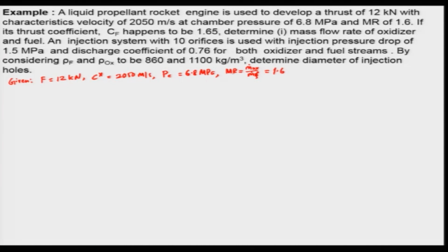Keep in mind that this mass ratio is different from what we used in flight mechanics lectures. The thrust coefficient Cf is 1.65.